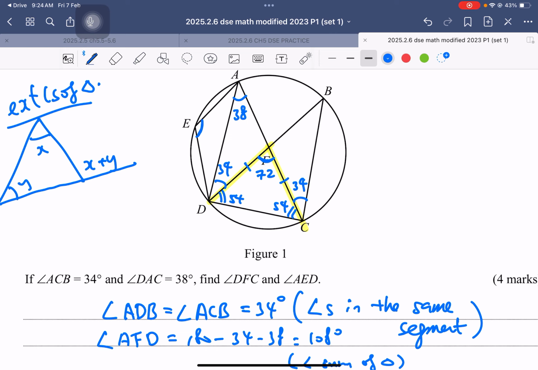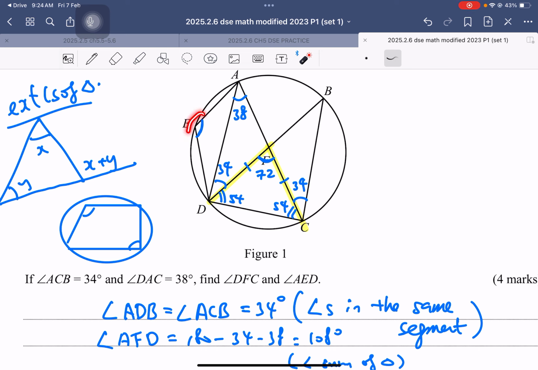Then we still need to find the angle here, isn't it? How do we find this angle? Can you see the quadrilateral, Ria? Do you remember, if you have a quadrilateral inside a circle, then the opposite angles add up to 180? So what is the opposite angle of E?